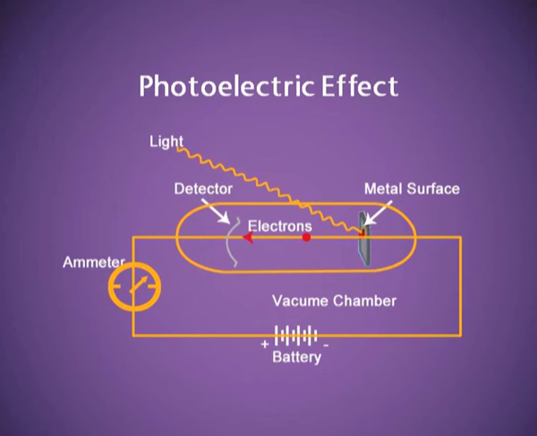Here you can see the light in the form of a wave striking or hitting a clean metal surface which is placed in an evacuated tube. As soon as this light strikes the surface of the metal, an electron is ejected. This is known as photoelectric effect.